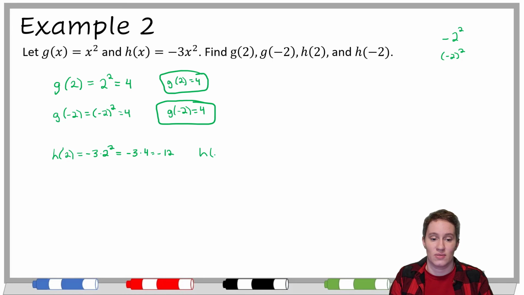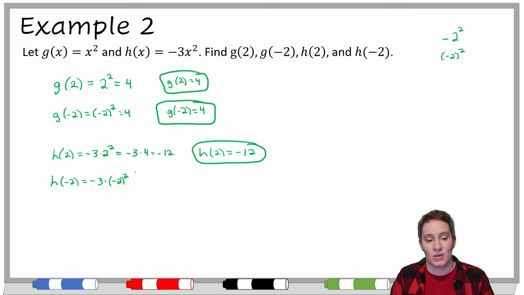So h of 2 is negative 12. Then we're going to do h of negative 2. And a similar thing is going to happen here. We've got to square the negative 2, which gives us positive 4. Negative 3 times 4 gives us negative 12. h of negative 2 is negative 12.